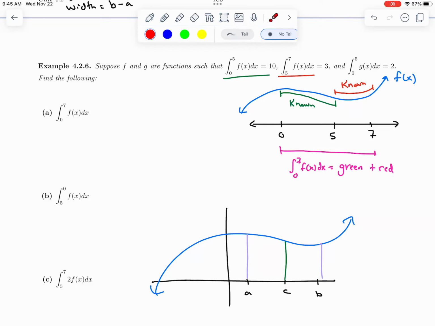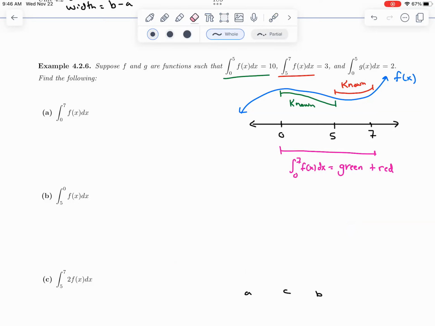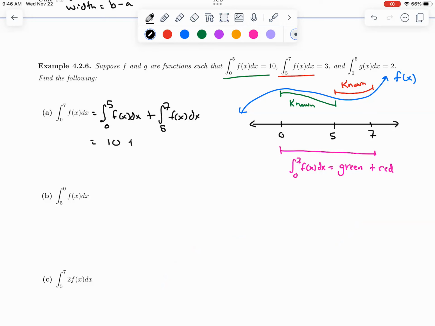So it'll be 10 plus 3. The integral of g is 2 from 0 to 5. So, to write it down formally, the integral from 0 to 5 of f of x dx plus the integral from 5 to 7 of f of x dx, which is going to be 10 plus 3, which is 13.